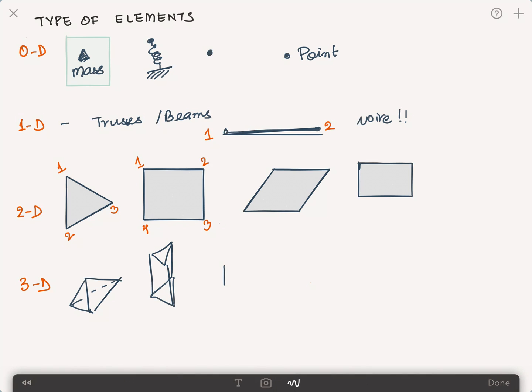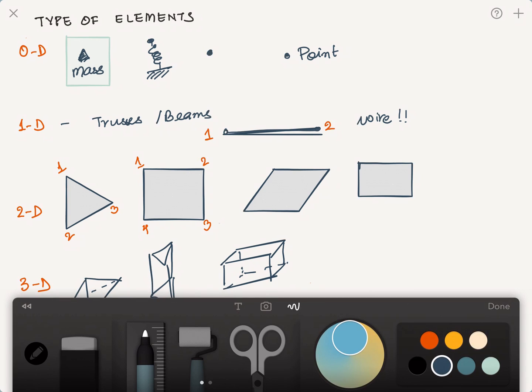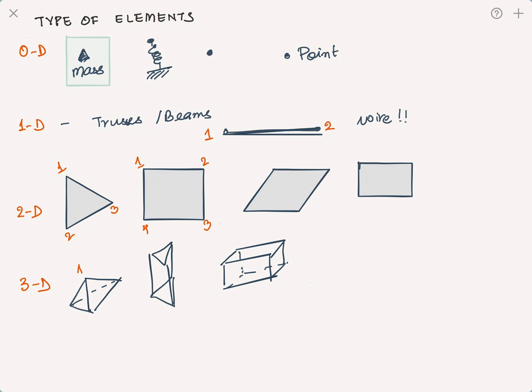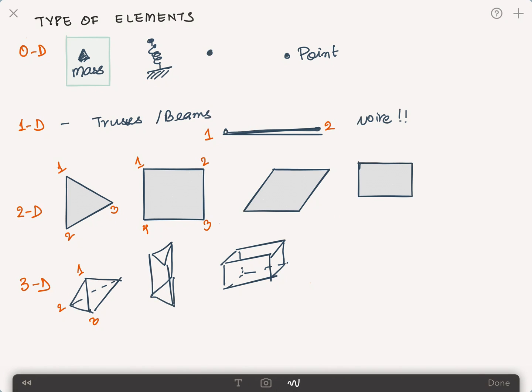You can also have a hexahedron, which is a rectangular base structure. And these are all three-dimensional elements. All the three-dimensional elements will have as many nodes, of course, as a minimum, as the number of vertices. So in a hexahedron, you will end up having 8 nodes for the 8 vertices.